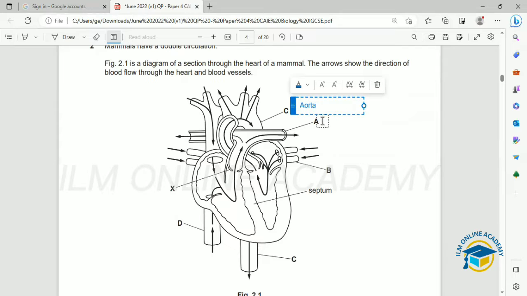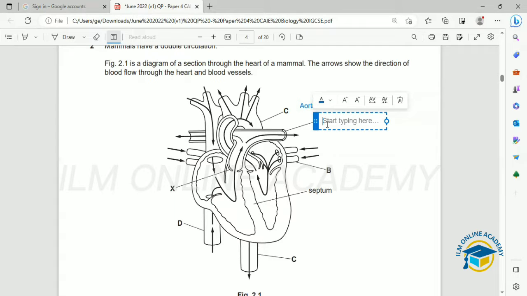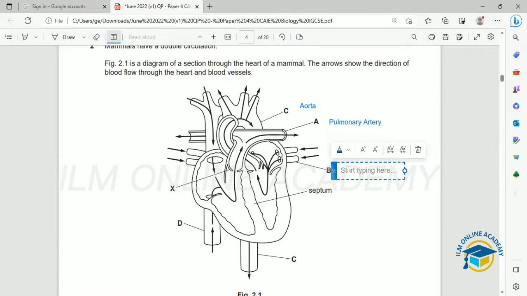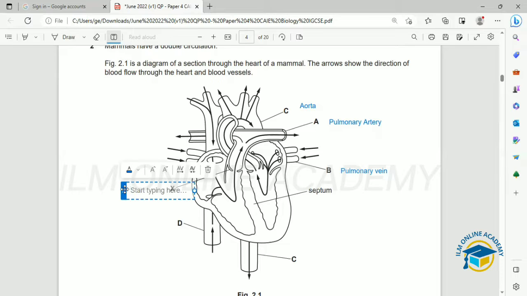If we talk about A, it is pulmonary artery. And then B, pulmonary vein. Okay, then X is semilunar wall.